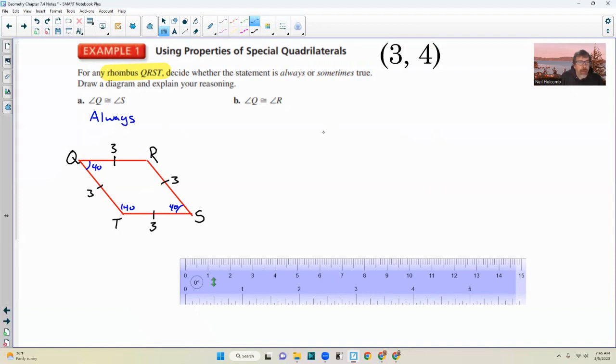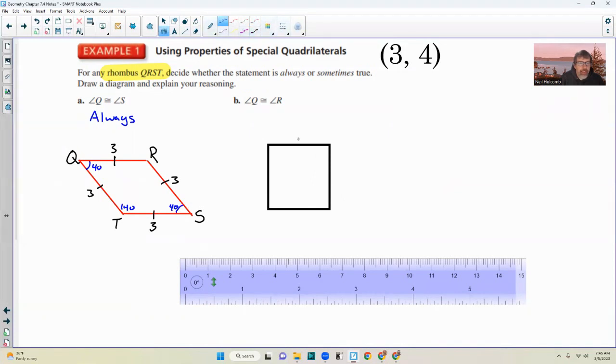Okay. So then we have Q congruent to R. So I already have the diagram here. So when is a rhombus consecutive angles congruent? Well, that's when we have a square. So if I just draw a square quickly like this, let's change that color.